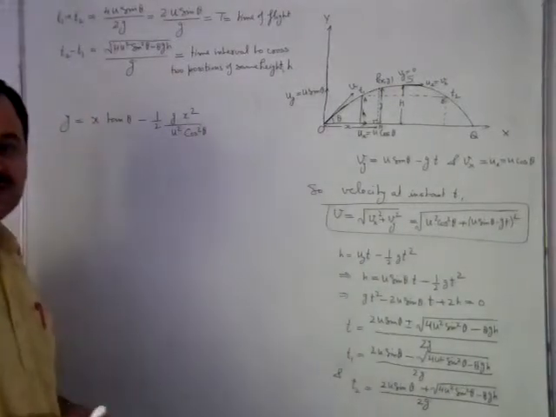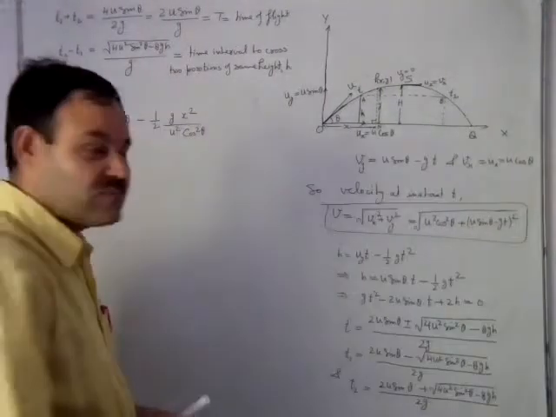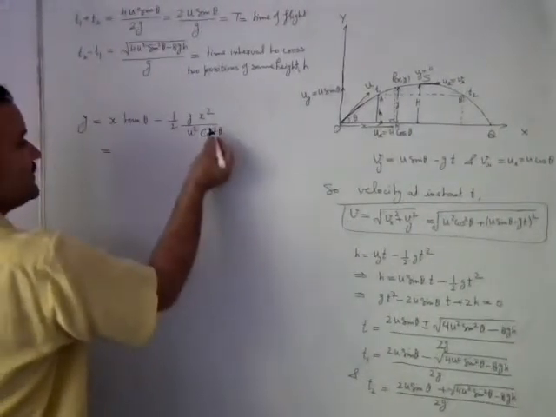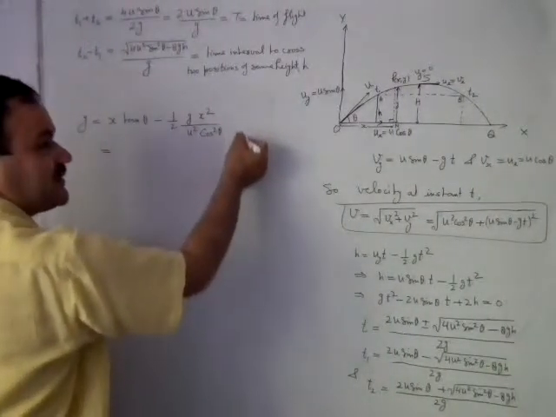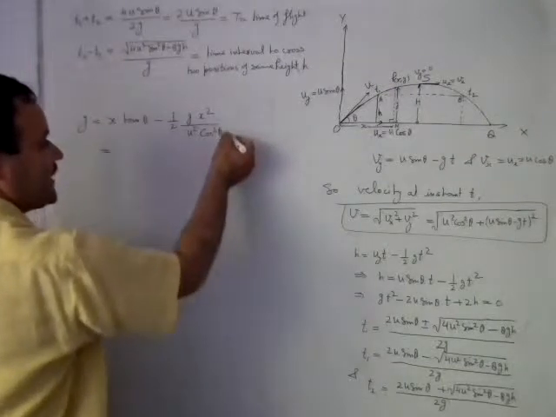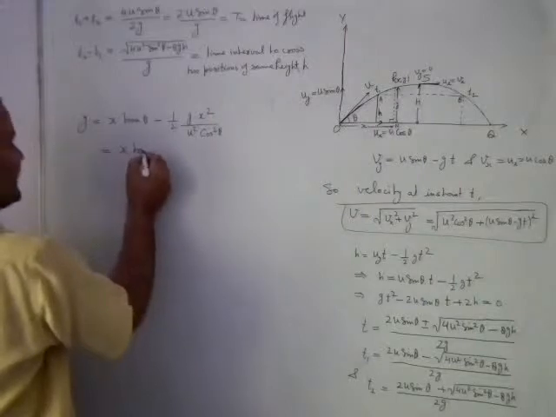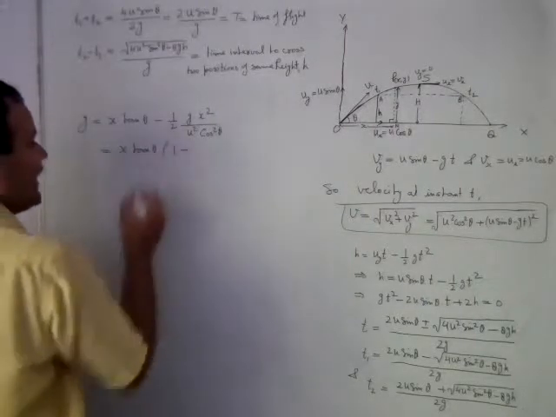This equation of trajectory can be changed to another form, by taking x tan theta common. It means multiplying sin theta upon sin theta in numerator and denominator.